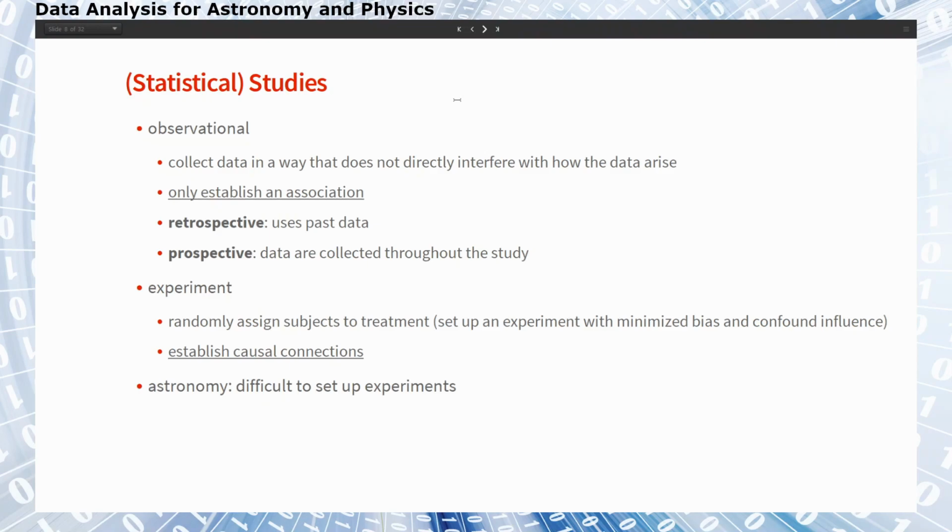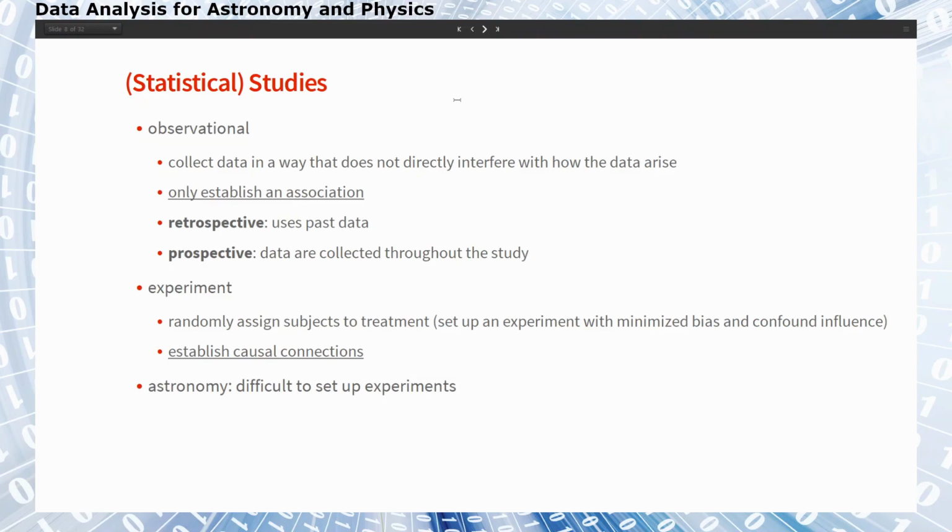Astronomy is a very good example of a research field that commonly does observational studies, because we have no way to set up an interstellar experiment. We have no way of affecting the properties or the collection of stars that we would like to study. We can only observe the universe as it is.